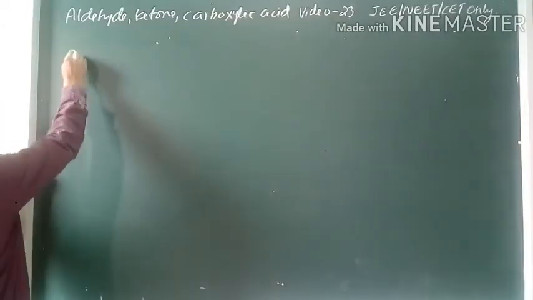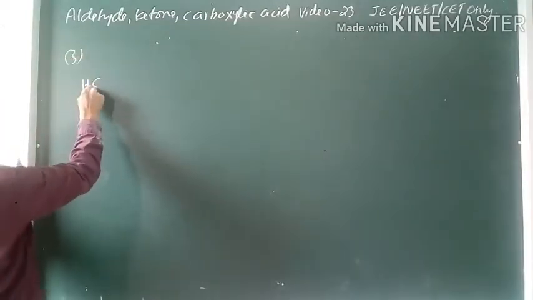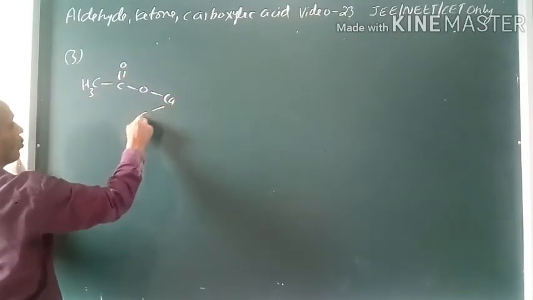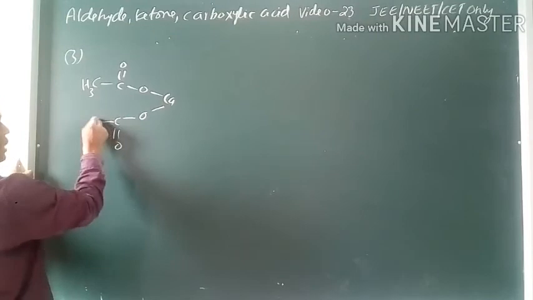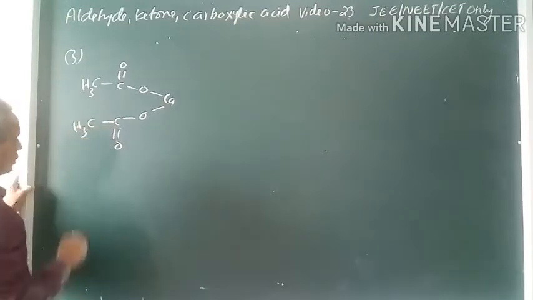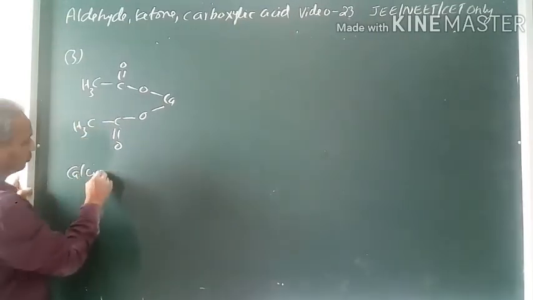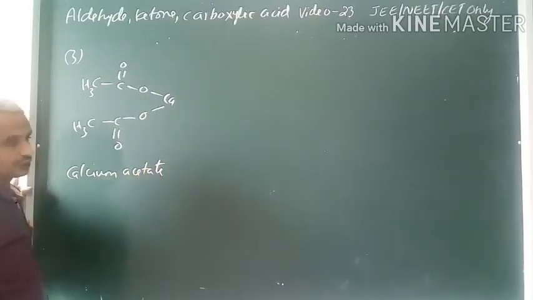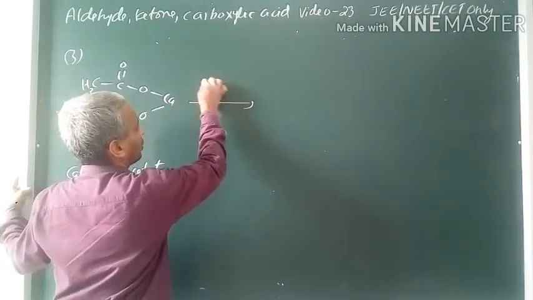Third example, CH3COOCaOCOCH3. This is calcium acetate or calcium ethanoate dry distilled alone.